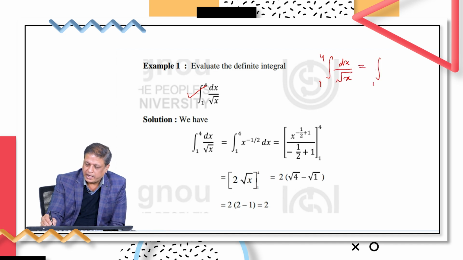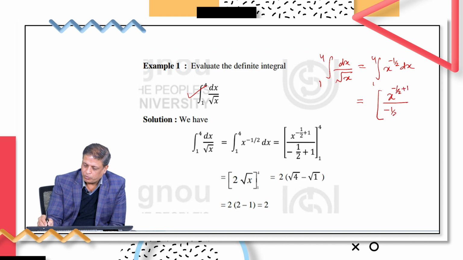Now you can simply write it as the integral from 1 to 4 of x to the power minus 1 by 2 dx, and applying the formula, the integral of x to the power n dx is x to the power n plus 1 over n plus 1. So you can say x to the power minus 1 by 2 plus 1 upon minus 1 by 2 plus 1, from the range 1 to 4.